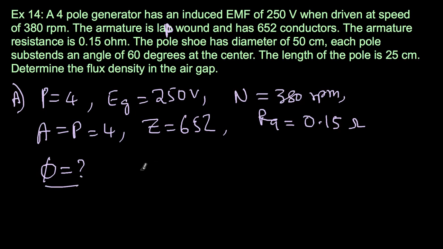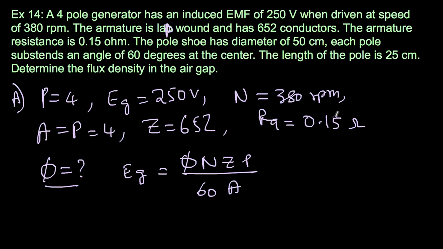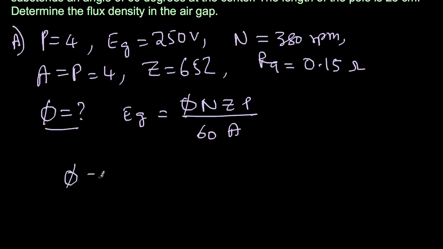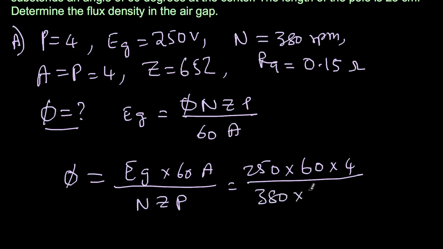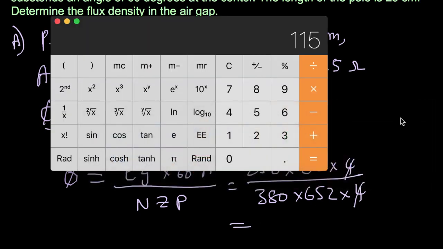To find that, I'll use Eg equal to flux into N into Z into P divided by 60 into A. So from this, flux will be Eg into 60A by NZP. So 250 into 60 into 4 divided by 380 into 652 into 4. So this 4 will get cancelled. So let's calculate this.